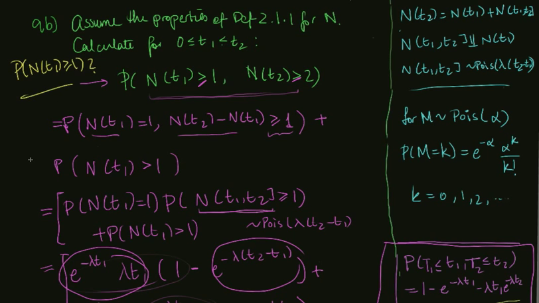We haven't found that yet. Well, you're able to do that quite easily on your own, so just do that. And you'll also realize that this probability that N(t1) is greater than or equal to 1 is exactly equal to the probability that T1 is smaller than or equal to the time t1.